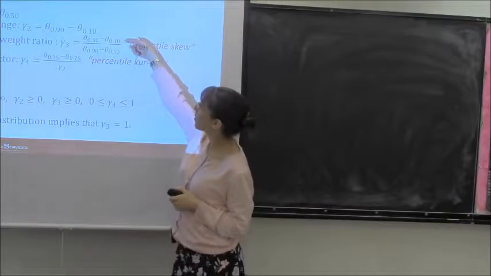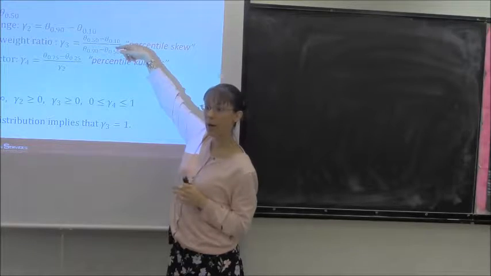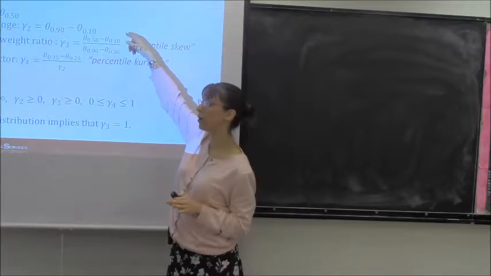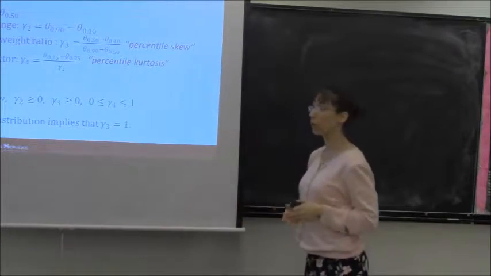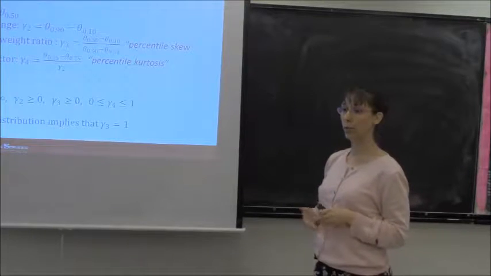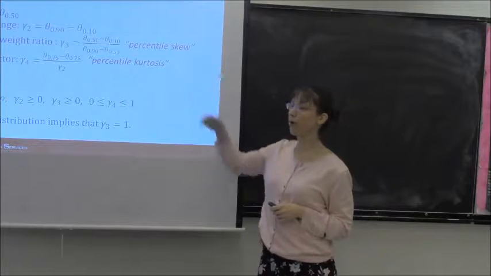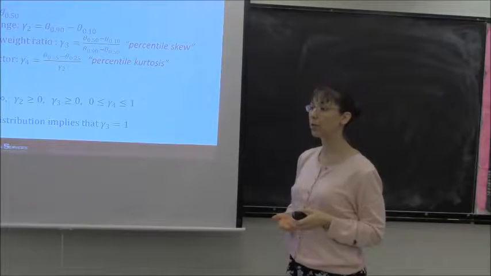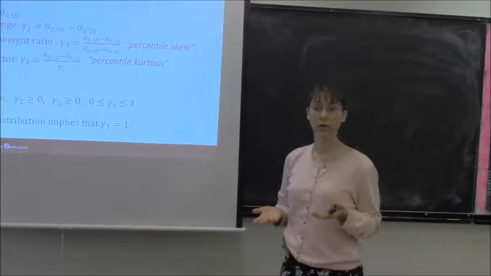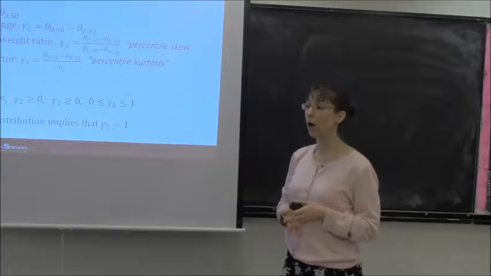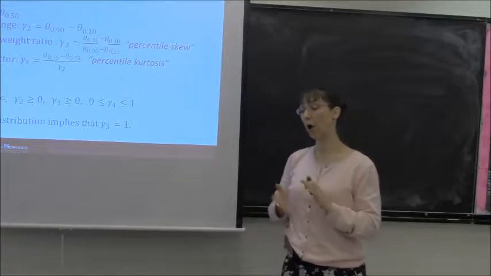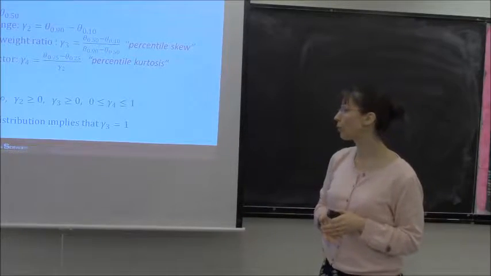But you notice here that it's a ratio. So when we have a perfectly symmetric distribution, the ratio is equal to 1. So we have a symmetric distribution with a percentile skew equal to 1. And then finally, the tail weight factor, that value has to be between 0 and 1. So it's very much like a percentage, a probability or a proportion.